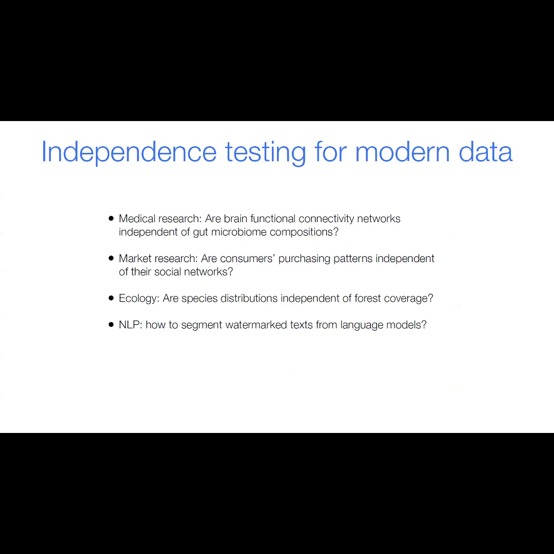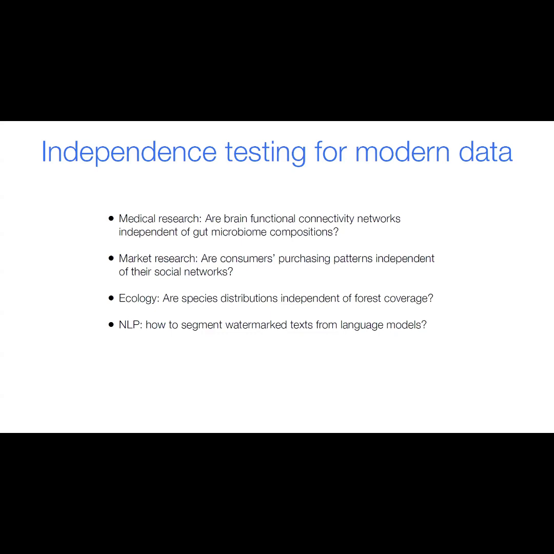Okay. So the problem that we are going to focus on is independence testing in this modern data framework, and it comes up in various situations. For example, in medical research, one might often be interested to see if brain functional connectivity networks are independent of the gut microbiome compositions.